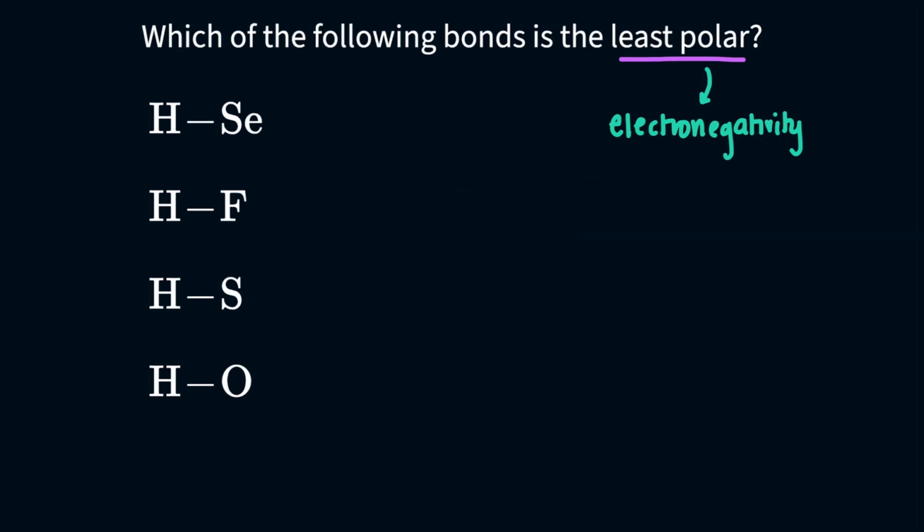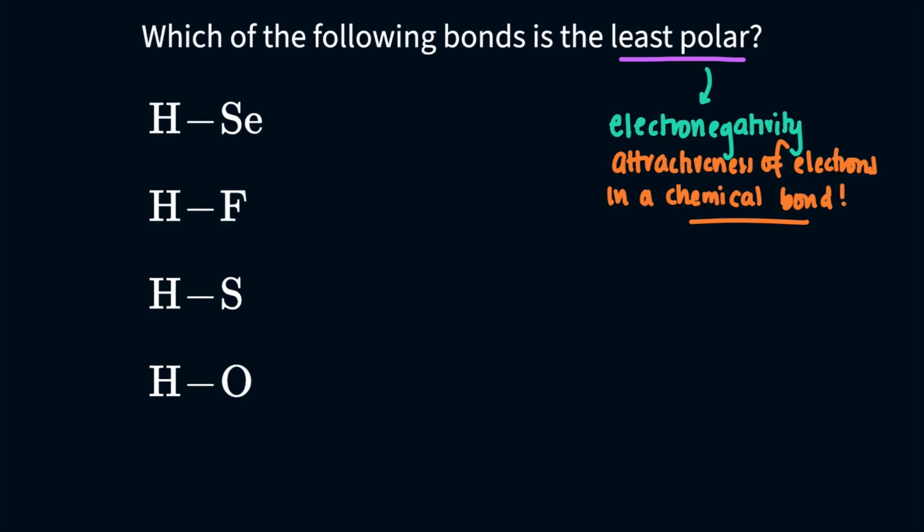Maybe we'll say attractiveness of electrons in a chemical bond. So if you don't have a bond, and you're just talking about a single atom, you can't talk about electronegativity because electronegativity comes with a bond. So it's the atom's attractiveness towards the electrons in a bond.